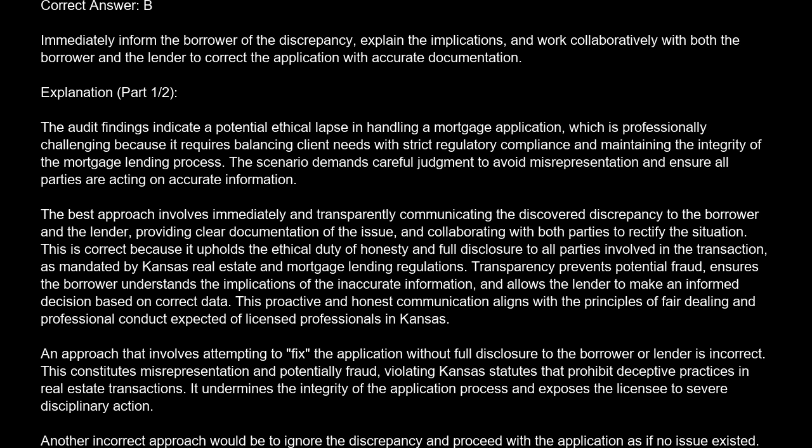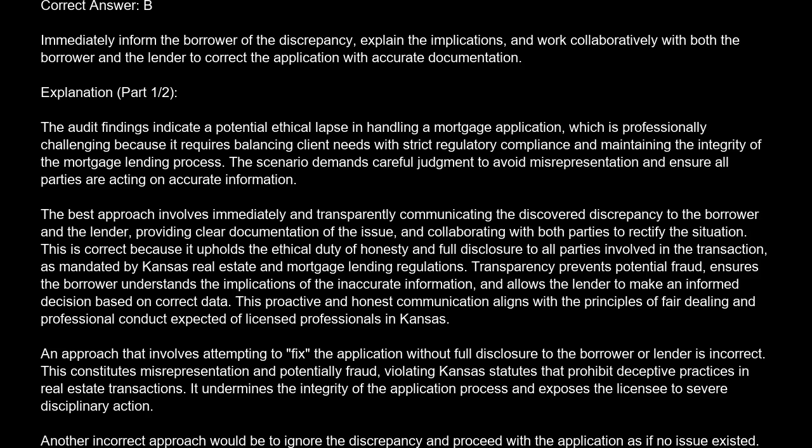Transparency prevents potential fraud, ensures the borrower understands the implications of the inaccurate information, and allows the lender to make an informed decision based on correct data. This proactive and honest communication aligns with the principles of fair dealing and professional conduct expected of licensed professionals in Kansas.